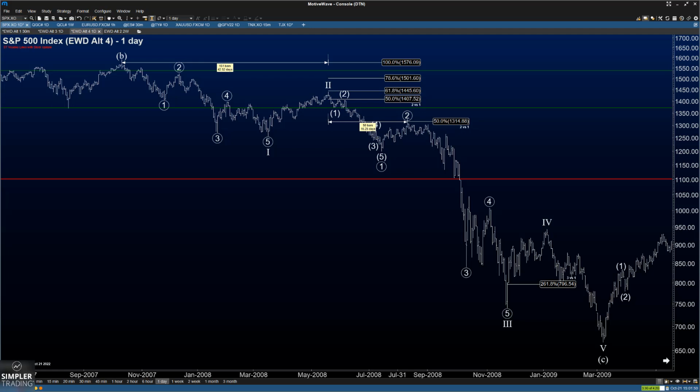And then if we looked at the move from that second high, just again down and up, swing high to swing high, this one was 58 bars.